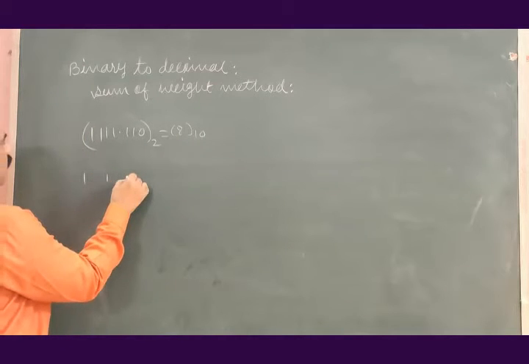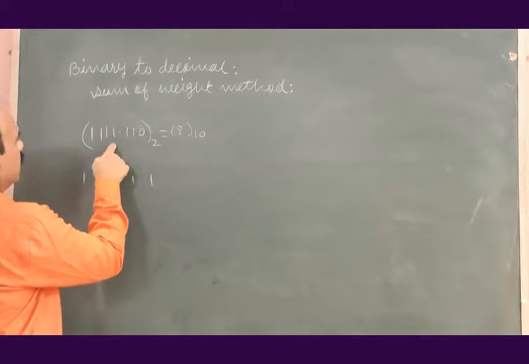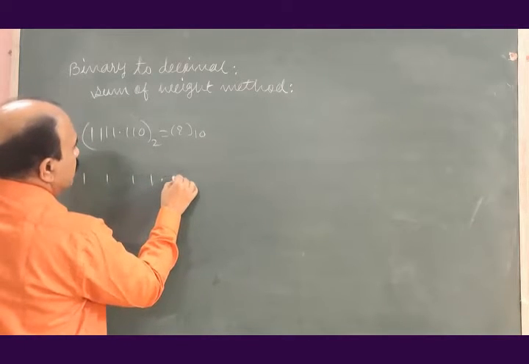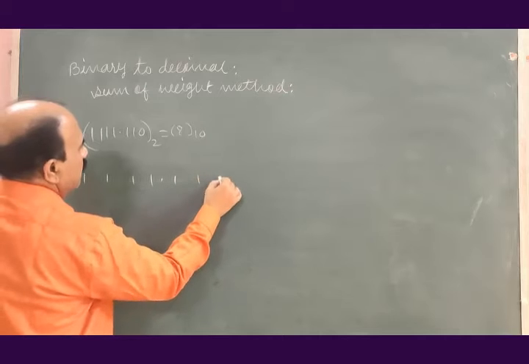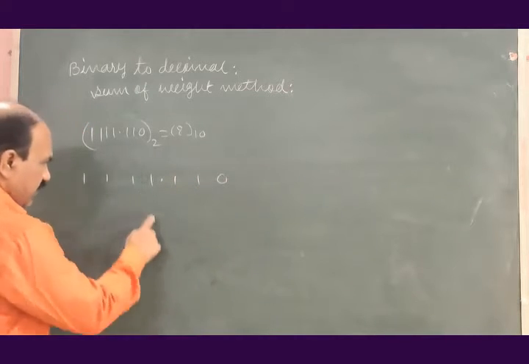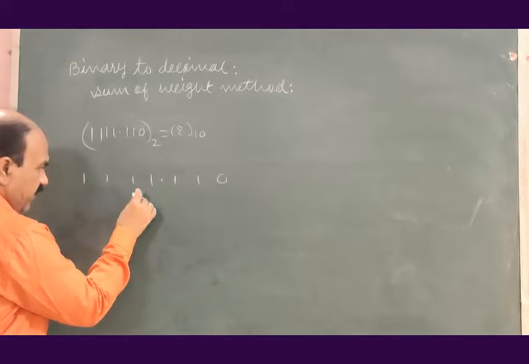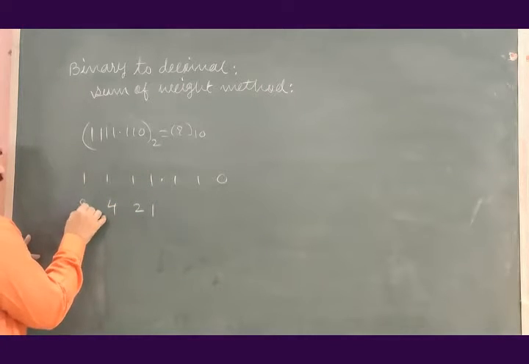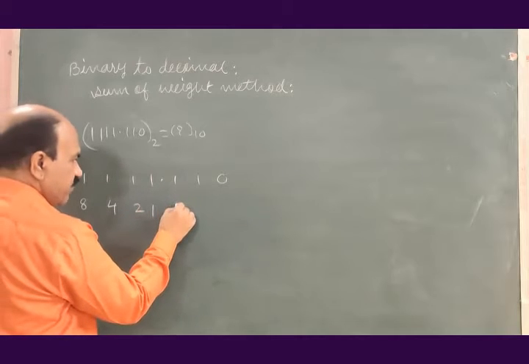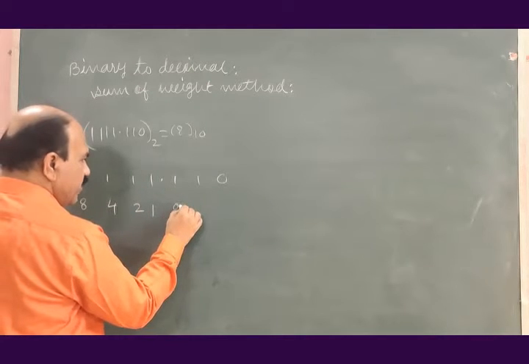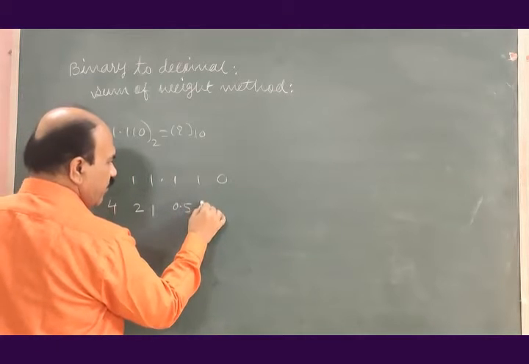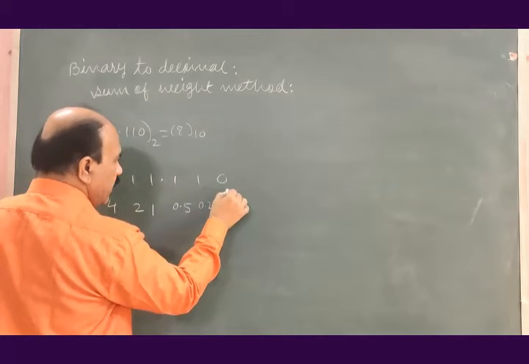1 1 1 1, radix point, 1 1 0. Weight of this 1, weight of this 2, weight of this 4, weight of this 8, weight of this 1 by 2, that is 0.5. Weight of this 1 by 4, 0.25.